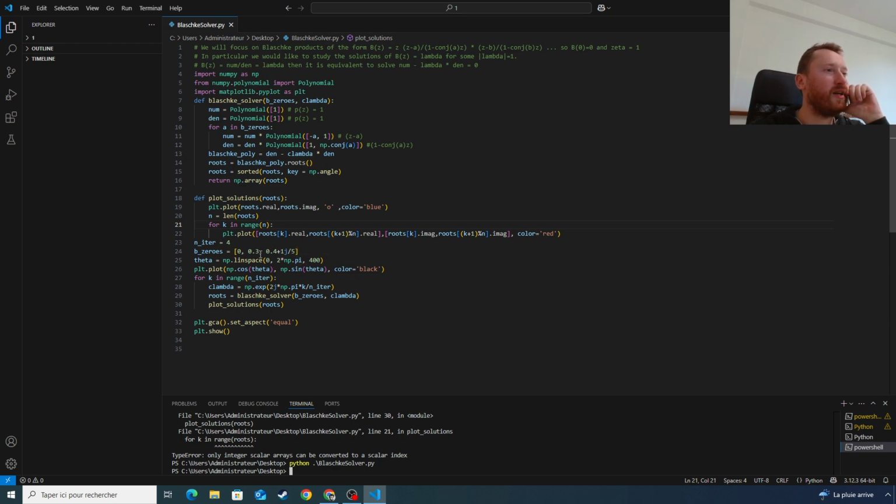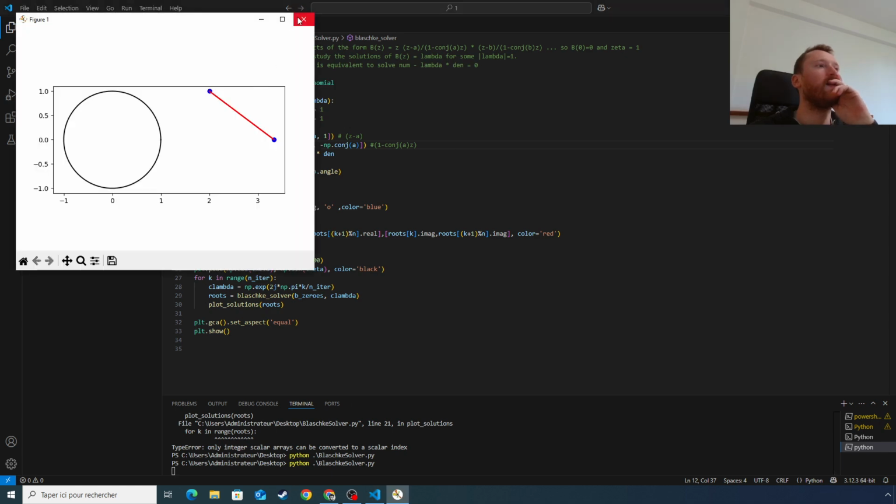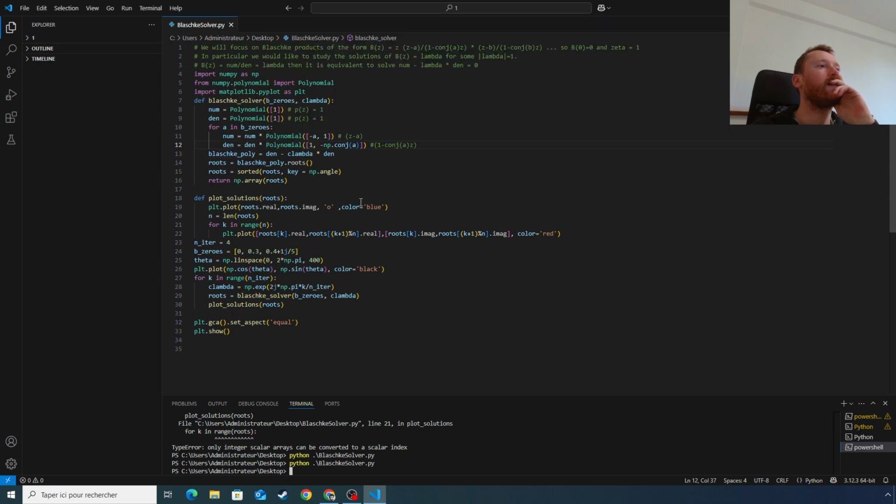The zeros of b are indeed in the unit disk. We indeed have minus a. Oh, there is a minus here. Still wrong. And for k roots and real image k. For k in range and iter c lambda. That should be fine.